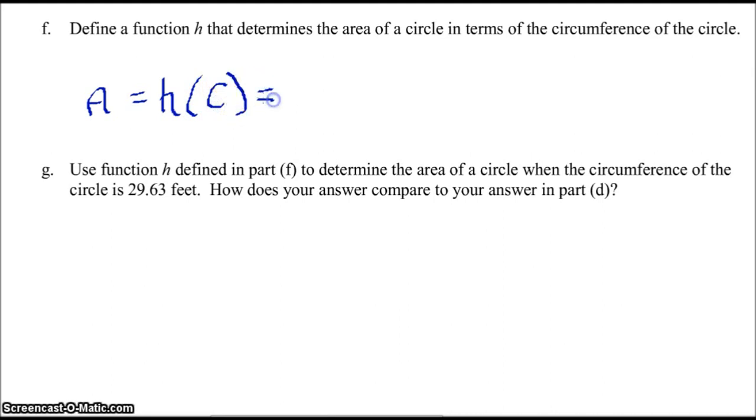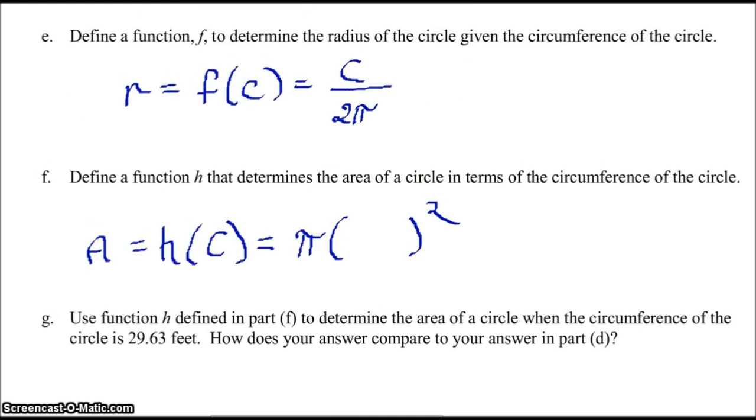And remember that the area of a circle is pi r squared, but instead of using r, like I alluded to earlier, we're just going to use C over 2 pi. So r is like the middleman here. It connects the circumference and the area.